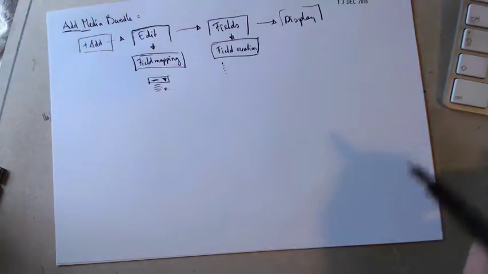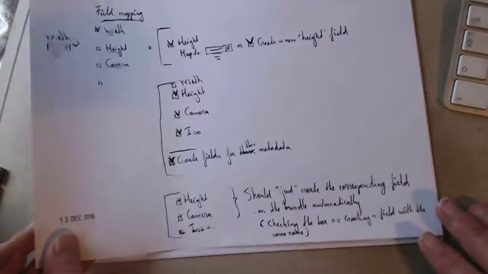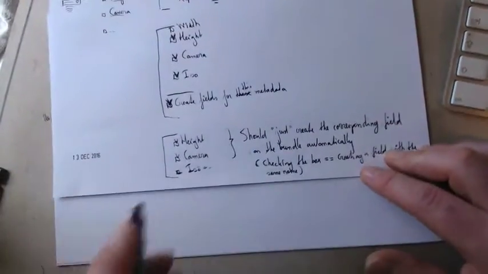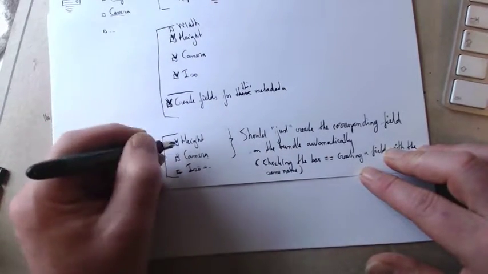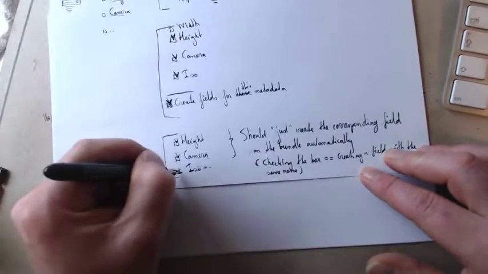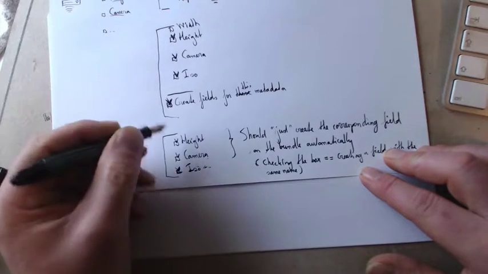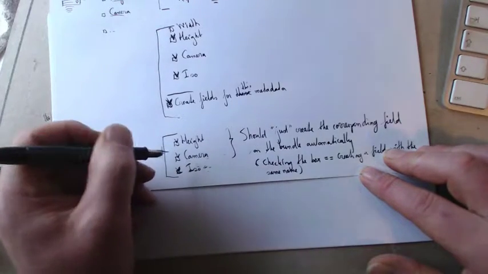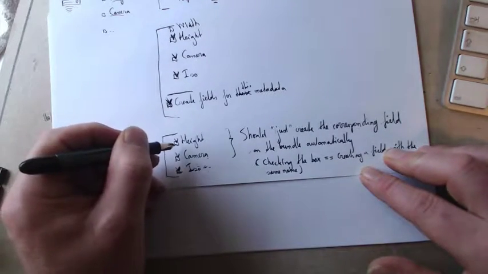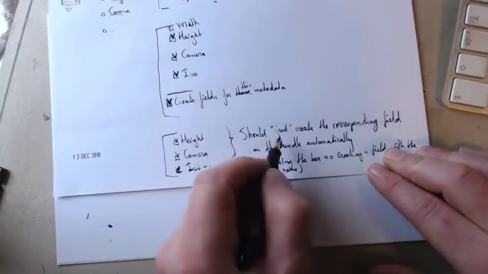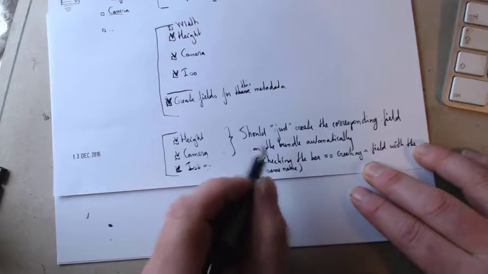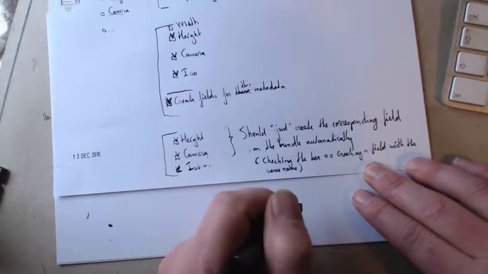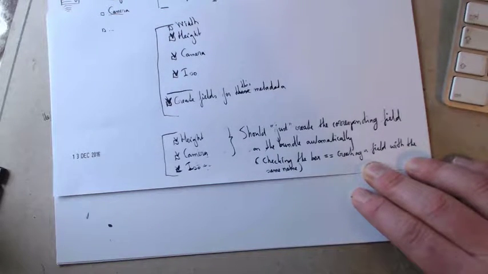So doesn't that mean that if I'm in that field mapping bit, I check the box knowing that the field for new media bundles just can't be present yet? Shouldn't it just create your corresponding field on the bundle automatically? So checking the box equals creating a field with the same name.